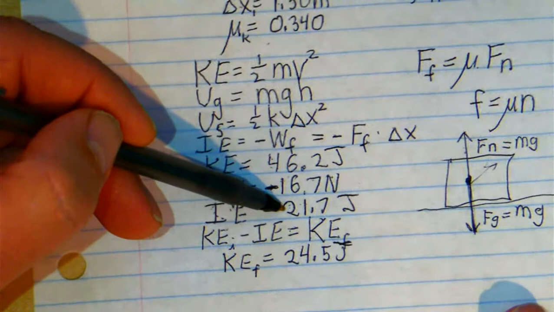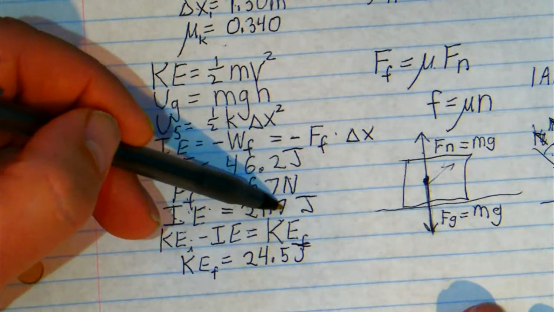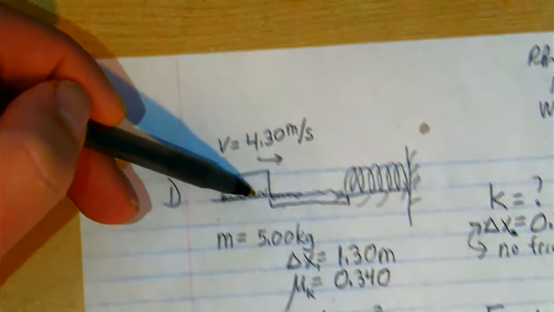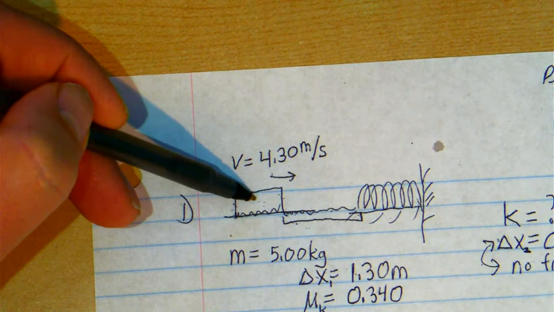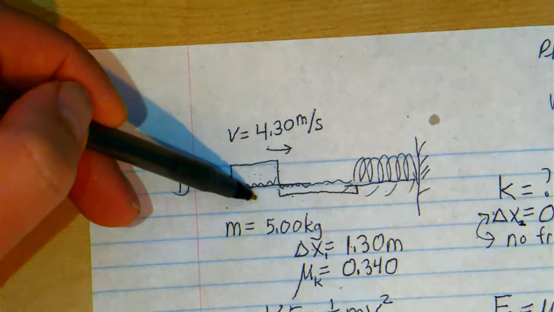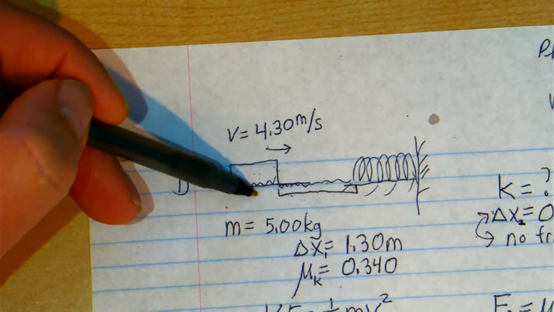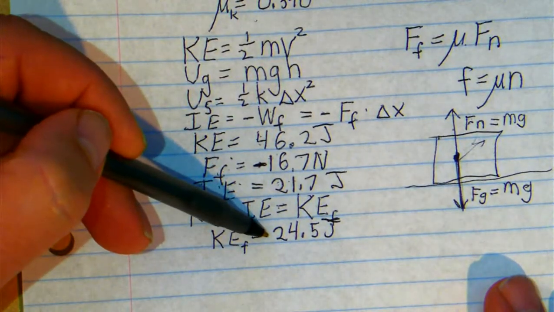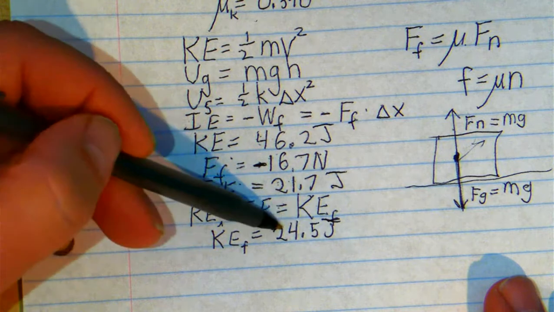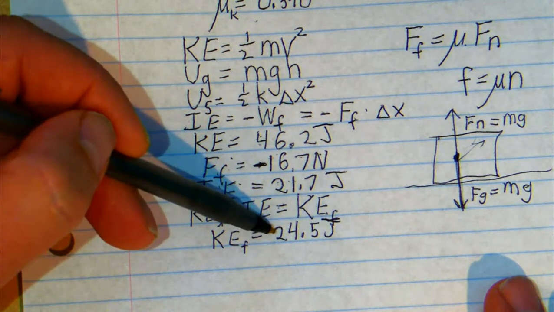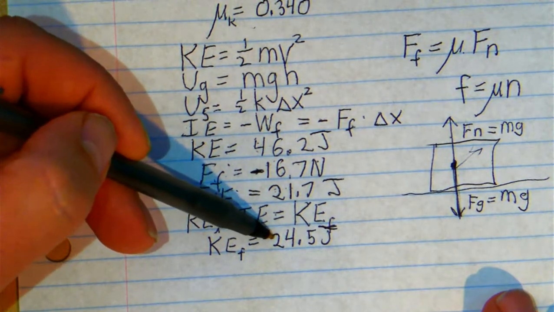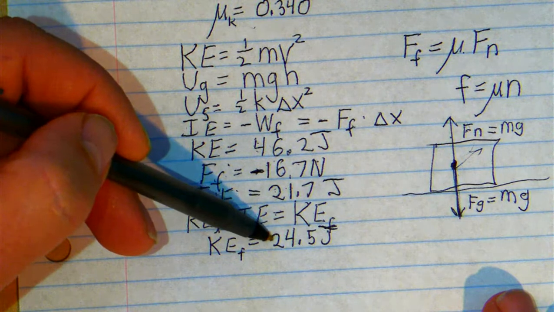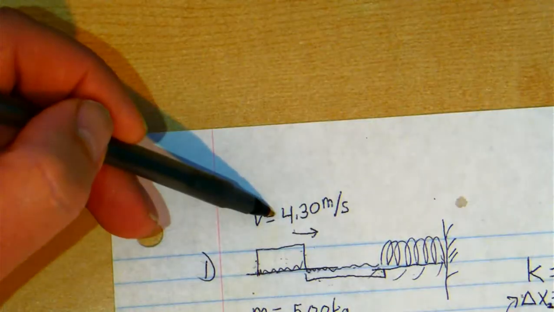Friction stole 21.7 joules of energy from this moving block. It didn't steal all of the kinetic energy. So what we have left over is still 24.5 joules, meaning the block is still moving, but now it's moving slower than originally.